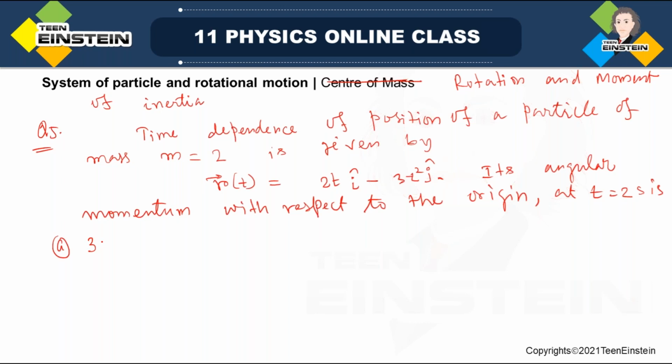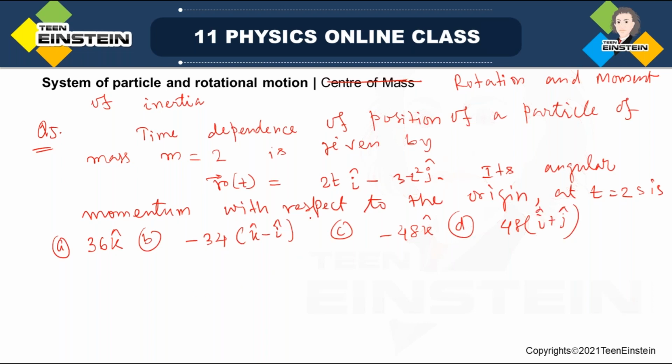Option A is 36 k cap, B is minus 34 k cap minus i cap, option C is saying minus 48 k cap, or option D is saying 48 i cap plus j cap. Okay, you have to find out the correct option.